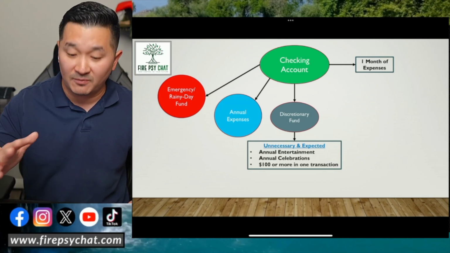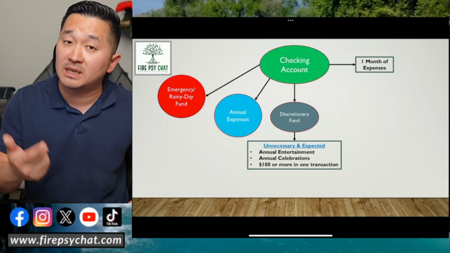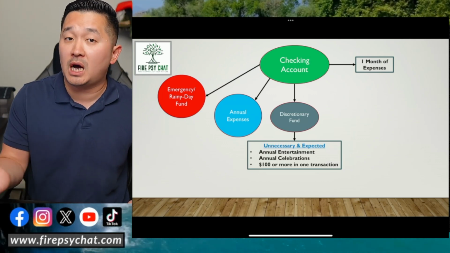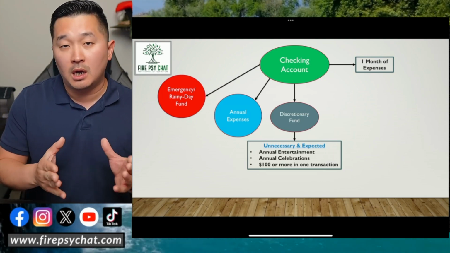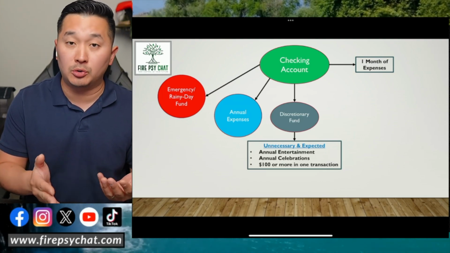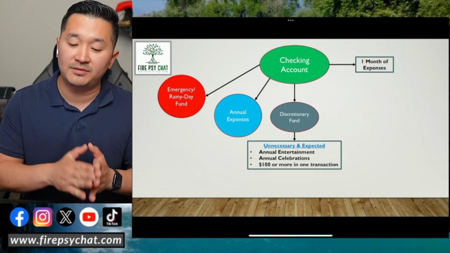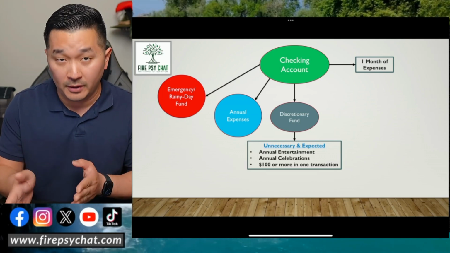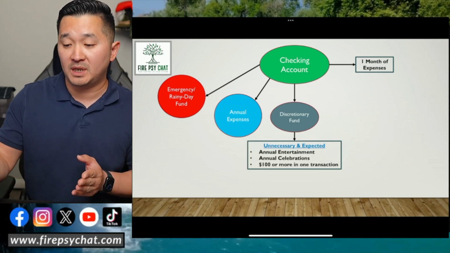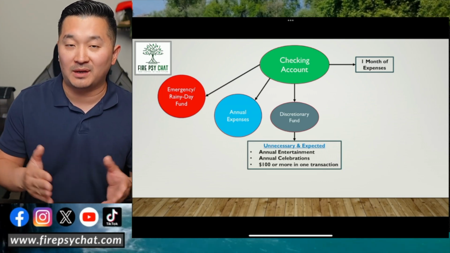And most of these events I mentioned just now could cost you at least $100 or more for a single event. How much do you think you'll spend on a hockey game? How much do you spend on your kid's birthday party? And how much do you think you'll spend on your Christmas shopping? And those are the things you're gonna have to think about when it comes to the discretionary fund. And what you don't wanna do is end up carrying credit card debt for doing something fun, right?